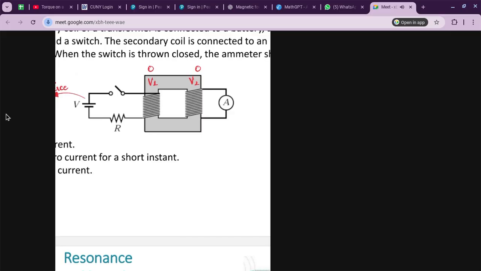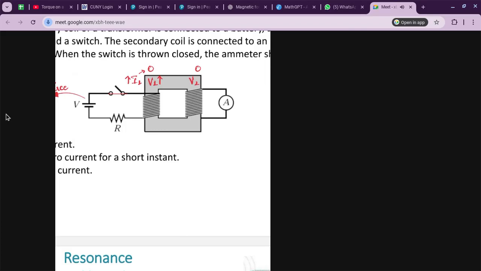If we suddenly close the switch, then what will happen? V1 is increasing continuously, right? Right. So due to the change in potential, or you can say due to the change in current, the magnetic field changes, because the current initially is 0 and after the switch closes, the current increases.